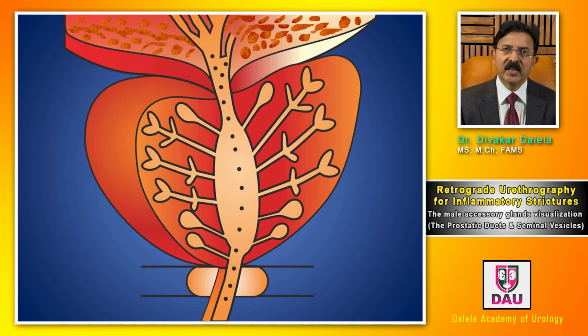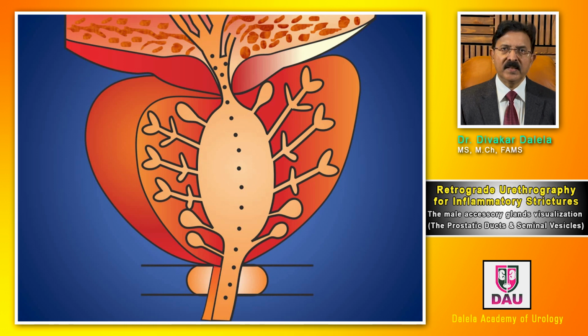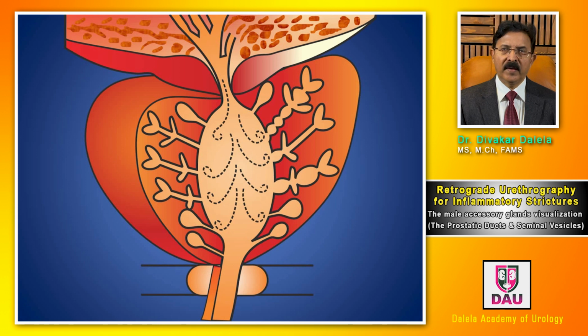But when there's a distal obstruction like stricture, the prostatic urethra gets dilated like this, and then in some patients it gets even more dilated, and this dilatation is with increased hydrostatic pressure of urine, and then this ductal mechanism becomes incompetent, and that's how the urine flows back into some of these ducts, and ducts get dilated.